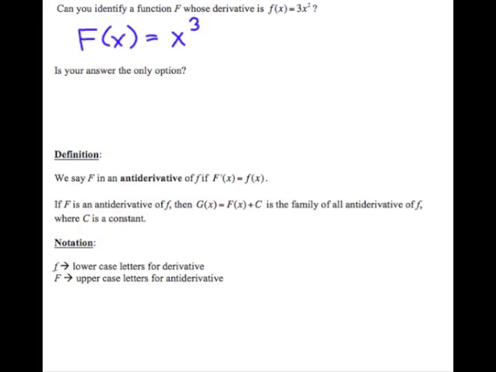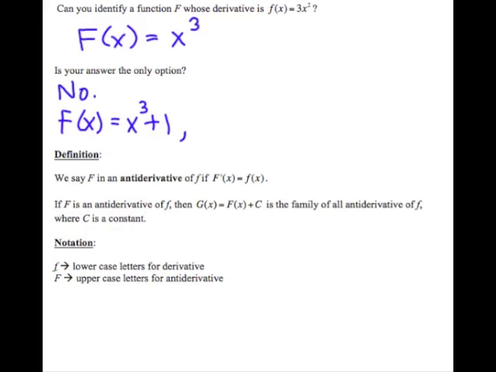And my next question for you is whether or not that's the only option. And I think we can pretty quickly say no, because we know that the derivative of a constant is 0. So for example, if we looked at F(x) equal to x cubed plus 1, we've got exactly the same derivative, because the derivative of x cubed is 3x squared, and the derivative of plus 1 is 0.